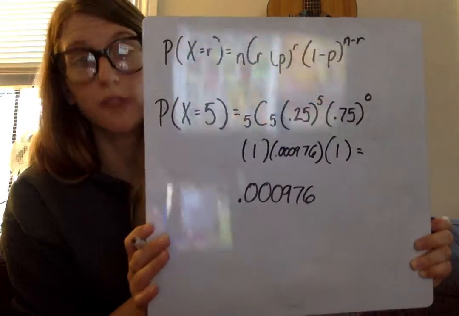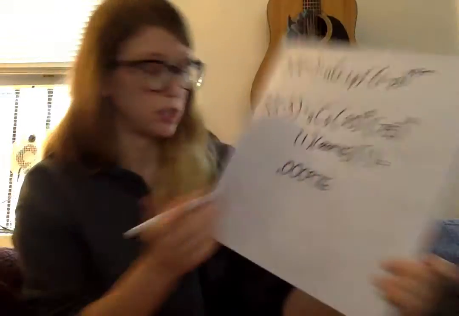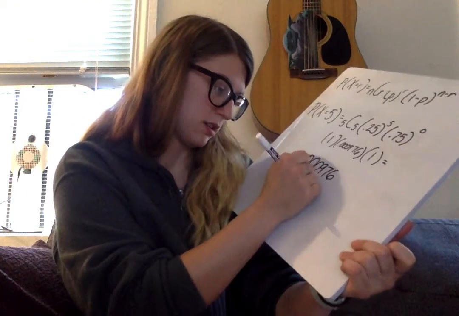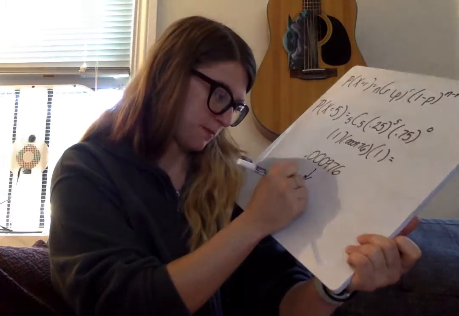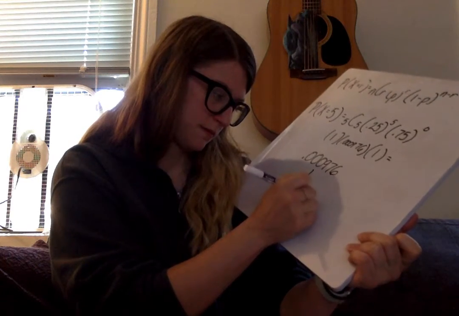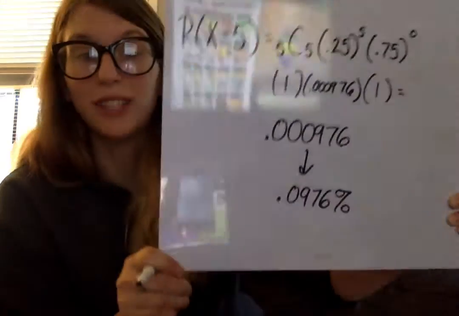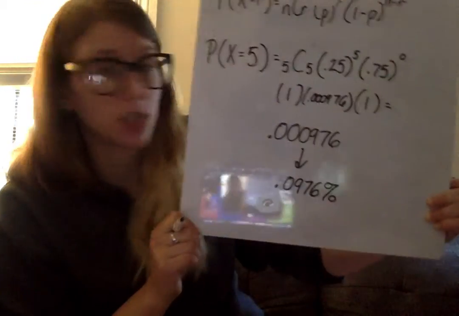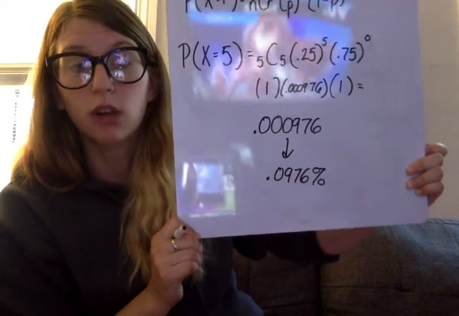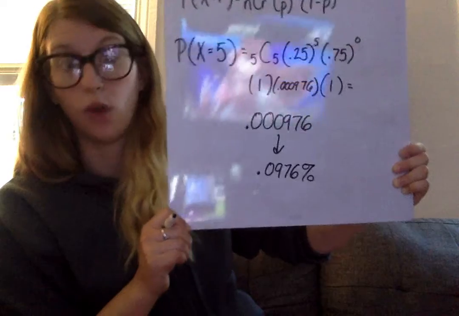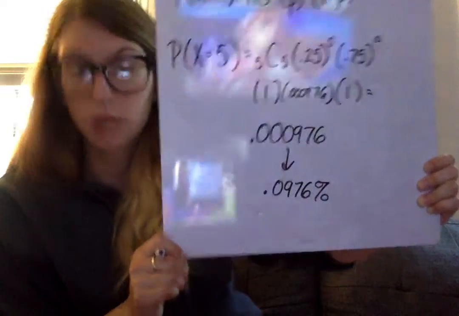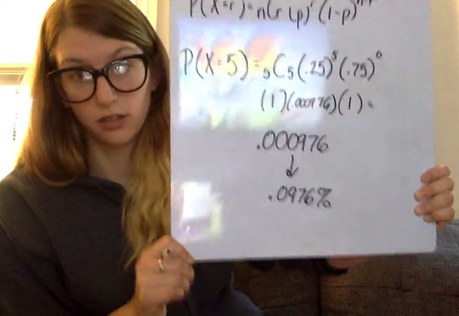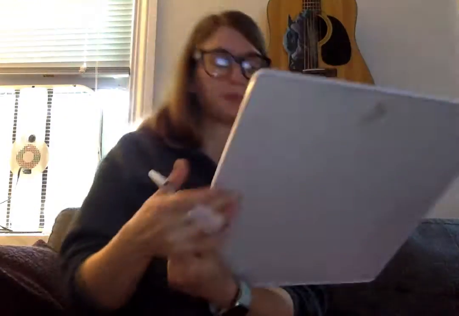And if we wanted to be fancy pants and make it into a percentage, we're going to drag that decimal point. So you have less than a 1% chance of winning. You have a 0.0976% chance of all of you winning. So it's very, very, very unlikely. Still not impossible.